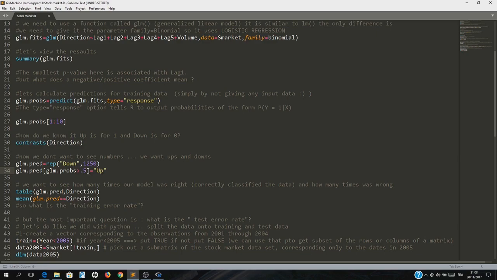That means this is a Boolean. If this is true, we put up in the predictions. We change the down and we put it up. And that's how we change all the ones that are more than 0.5 with up and leave the others as down. And that's how we do it.